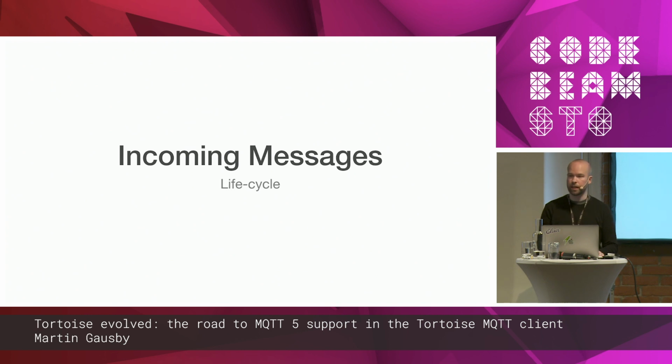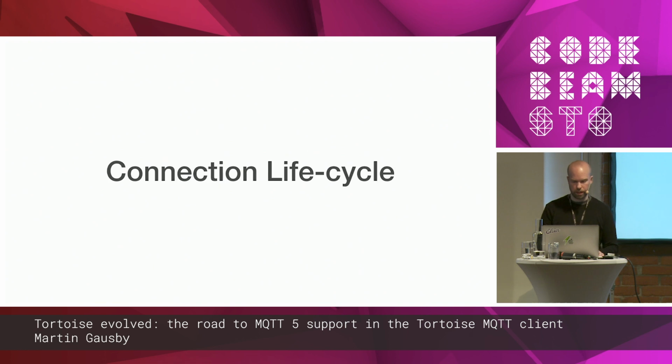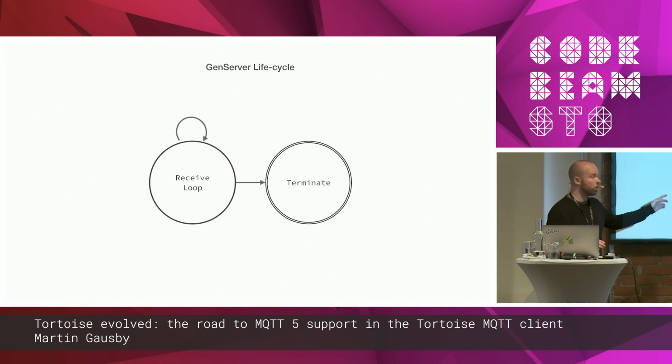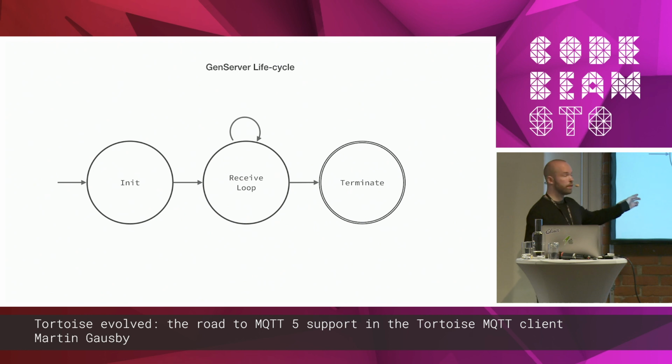So handling incoming messages, and the insight here is that a connection has a life cycle, of course. Any life cycle that we know from Elixir and Erlang already, well, of course, the gen server. The gen server is basically a receive loop, and we just receive until we eventually terminate. And to get into the receive loop, of course, we have an initialized state.